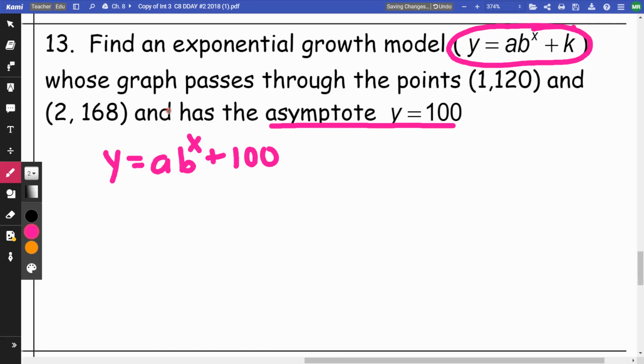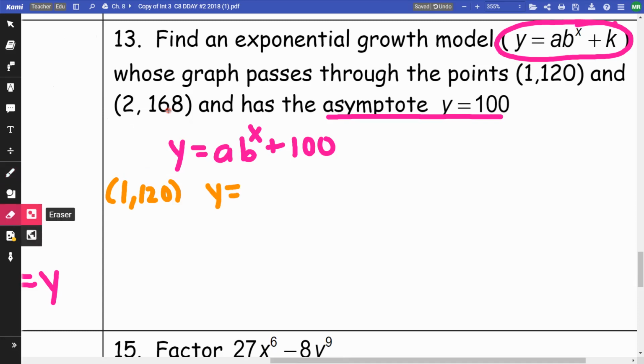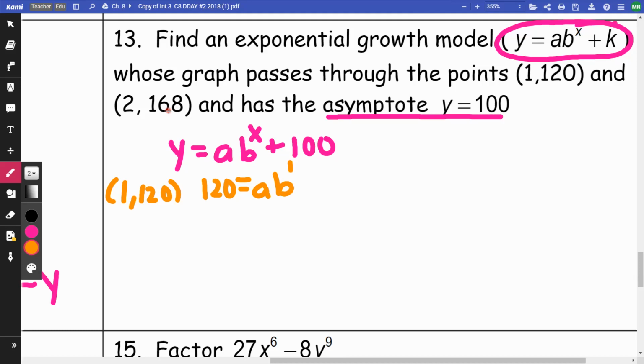And then what I'm going to do is put both points into this equation for my x and y. So when I'm doing my 1, 120, my y is 120. I'm going to have 120 is equal to a times b to the 1 plus 100.